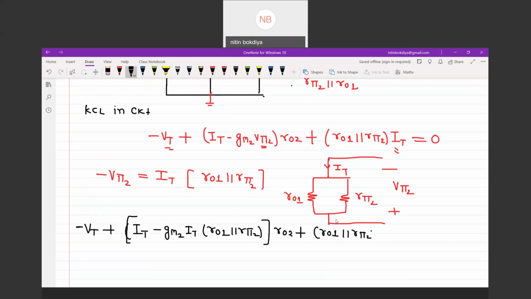So in parallel combination, which number will dominate? The smaller one will dominate. This multiplied by IT.